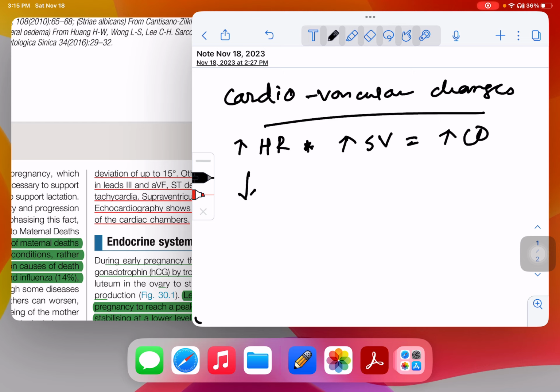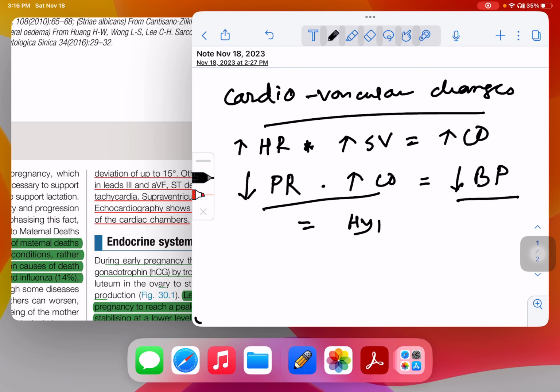There is peripheral vasodilation, resulting in decreased peripheral resistance, and so there is increased cardiac output and decreased peripheral resistance, resulting in decreased blood pressure. And the circulation is hyperdynamic.